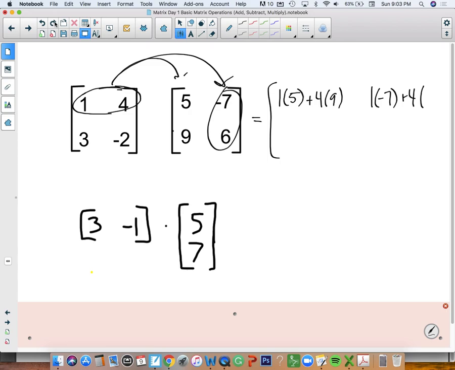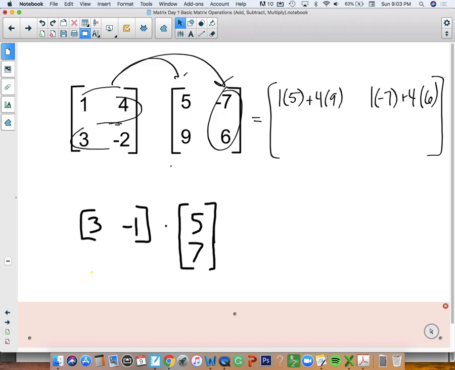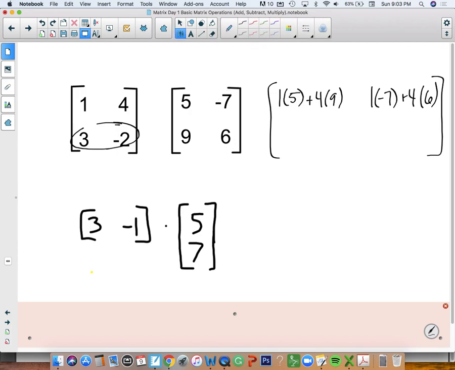Oops, I'm getting rid of my work over there. All right, see if you can get the bottom half. So we're just going to go to the next row here. Next row, follow the same pattern. All right, so rows times columns. First element times first element, second element times second element.